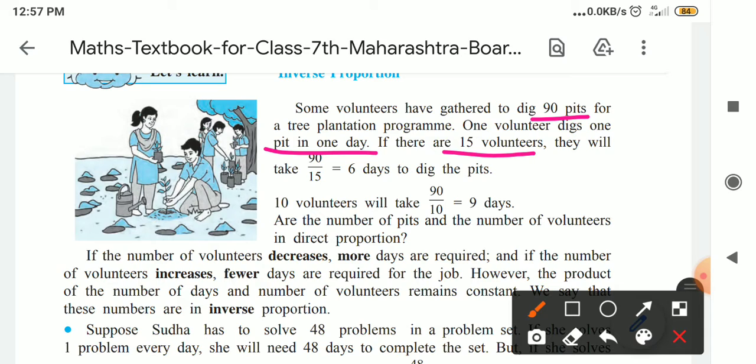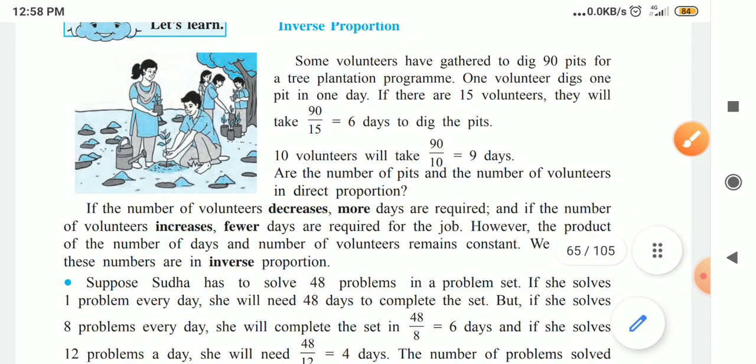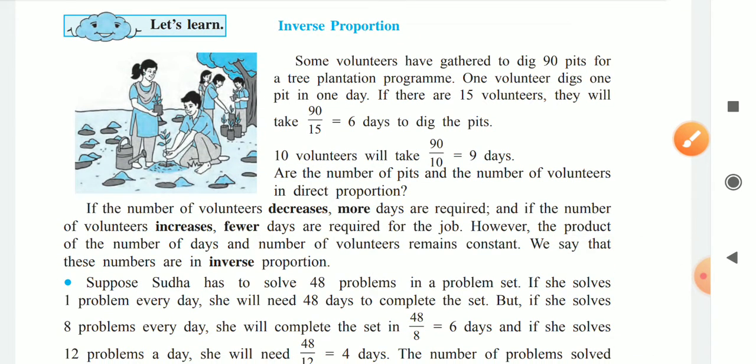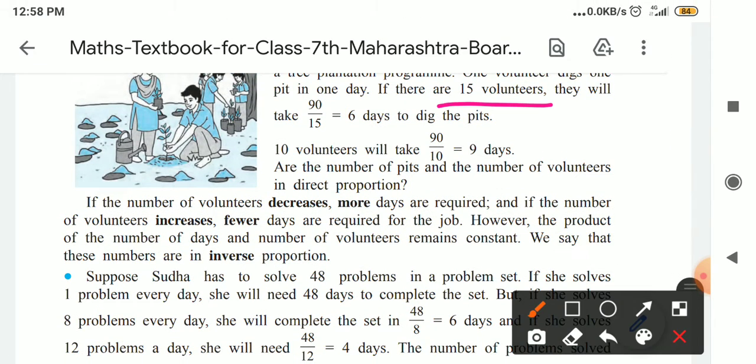So how to find this? 90 upon 15. 15 sixes are 90. So they will take 6 days to dig the pits. Now if the number of volunteers becomes less, how many?